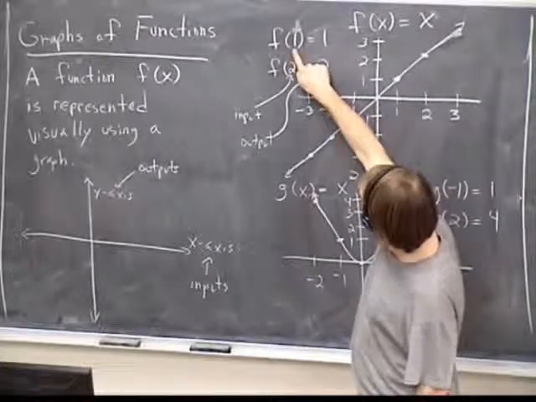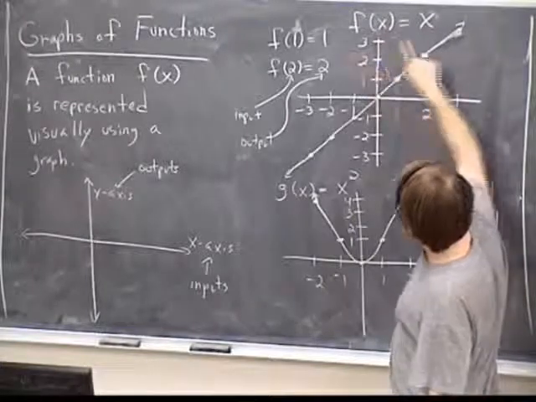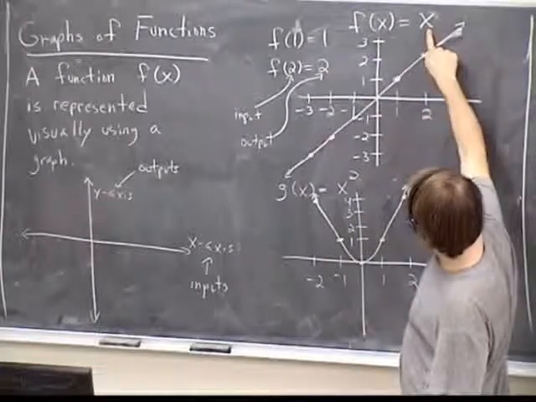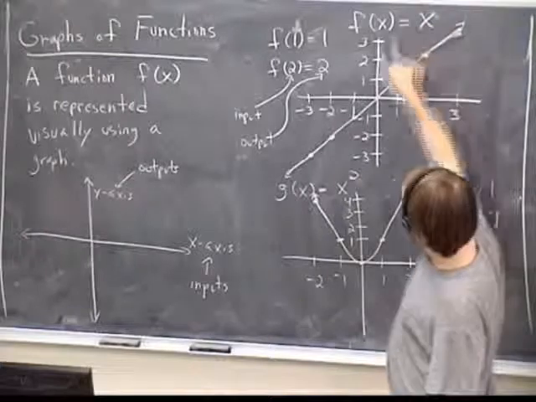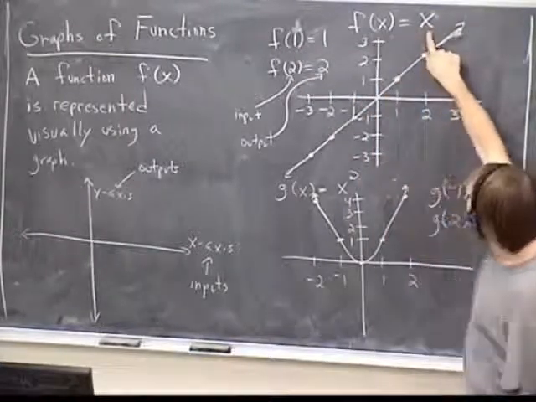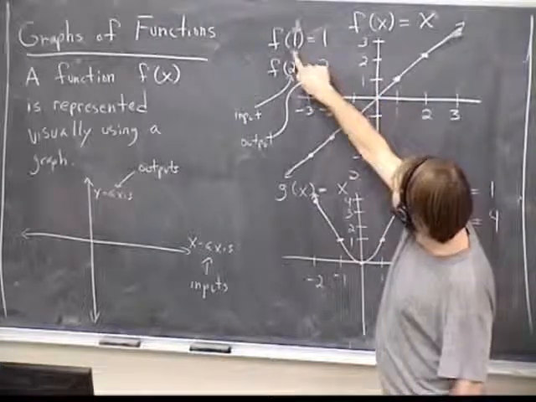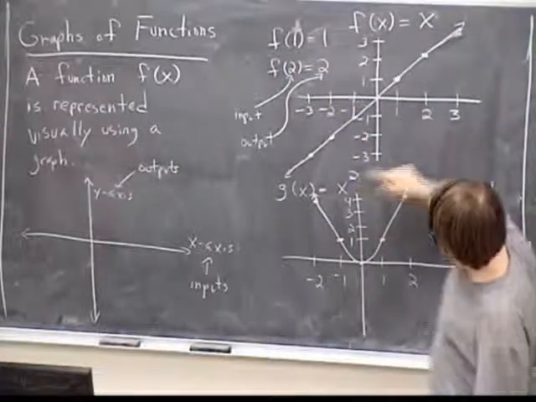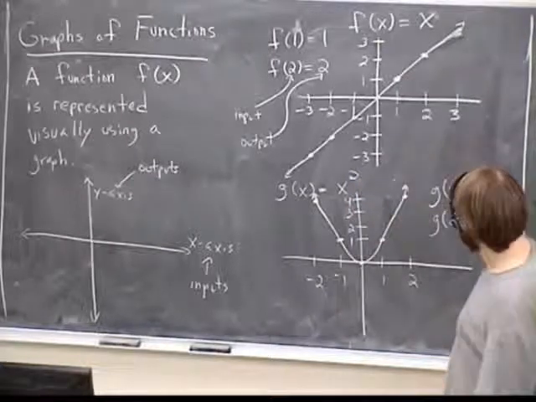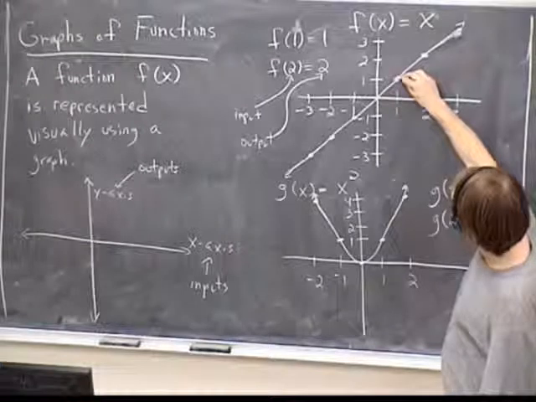If we plug 1 into the function f, then what it outputs is 1. Because here we've made x equal to 1, and so on the other side we simply have 1 again. And now this equation here, f of 1 equals 1, corresponds to a point on the graph where our input is 1 and our output is also 1.